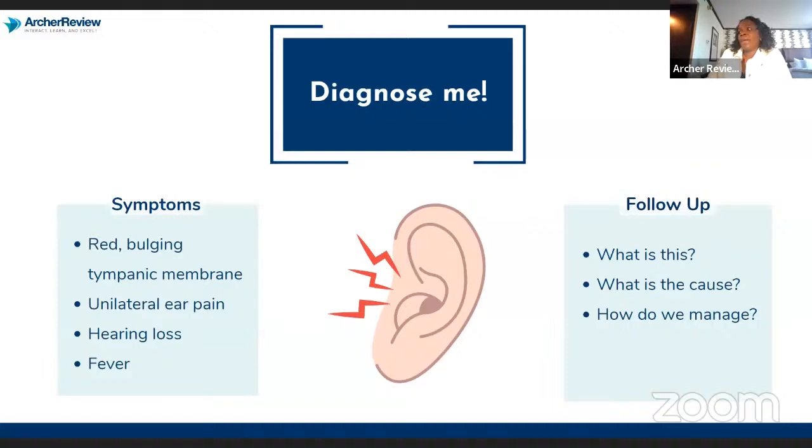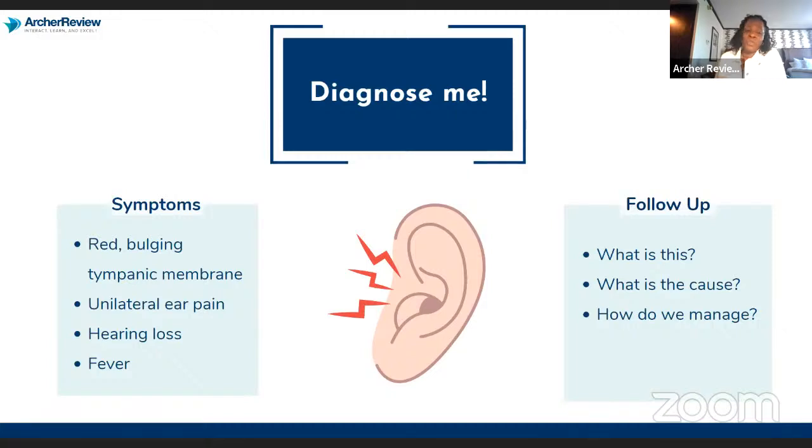The preferred antibiotic drug for acute otitis media must be active against Streptococcus pneumoniae, influenzae, and catarrhalis.